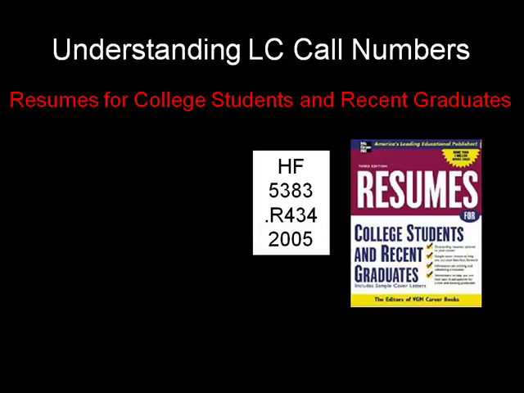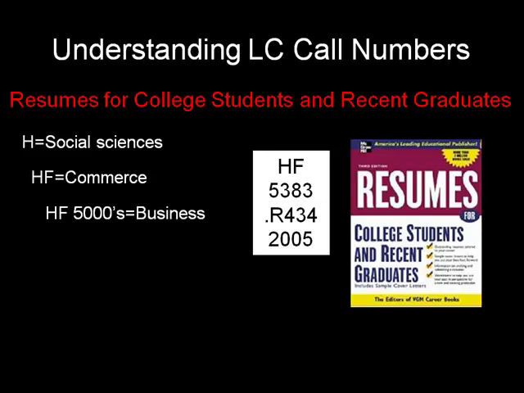All of the books in the social sciences are shelved in the H range, and books related to business begin in the HF 5000s. HF 5383 is the specific number inside the business range for general books on resumes.